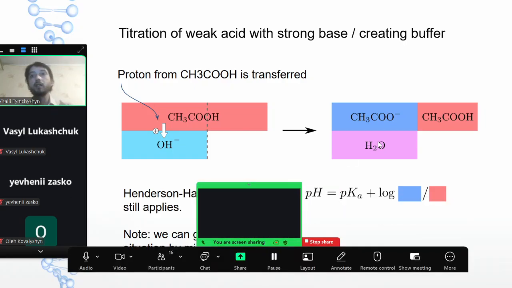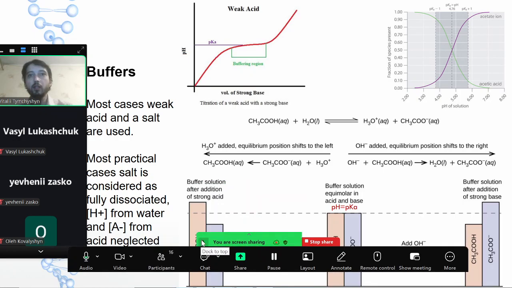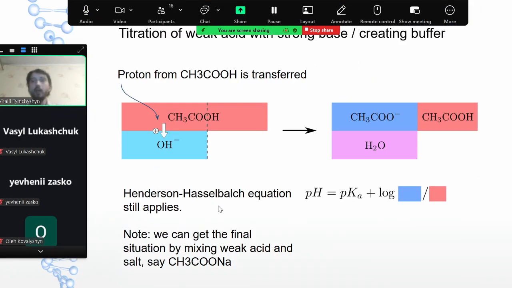Now you can ask about pH. What happens to pH? This is a perfect place to use the previous Henderson-Hasselbalch equation.